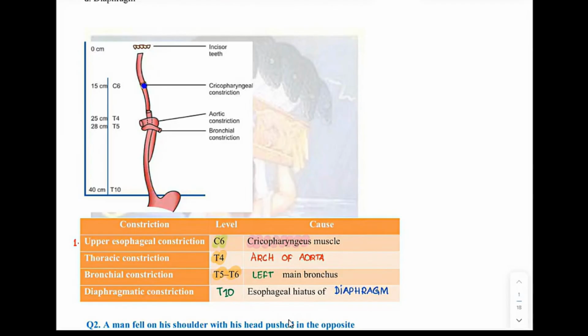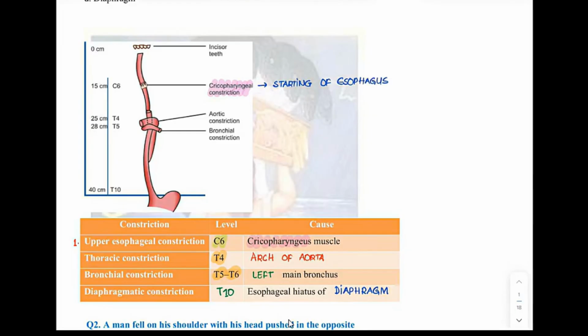So these are the different vertebral levels where the esophagus is constricted, and the most important one in clinical practice is the cricopharyngeal junction, which is actually the starting point of the esophagus. Clear?